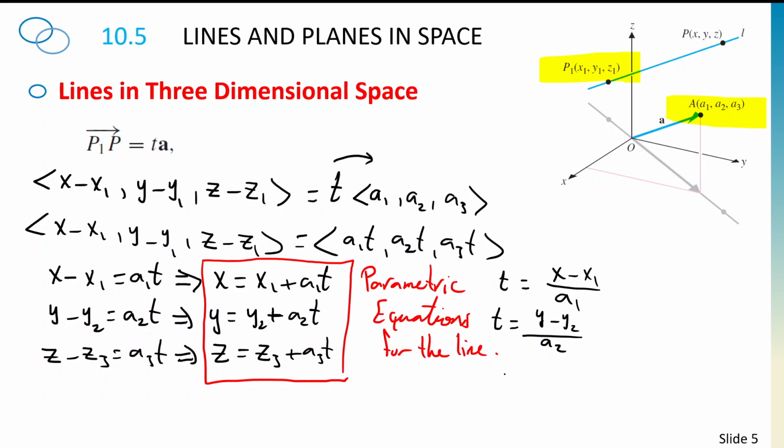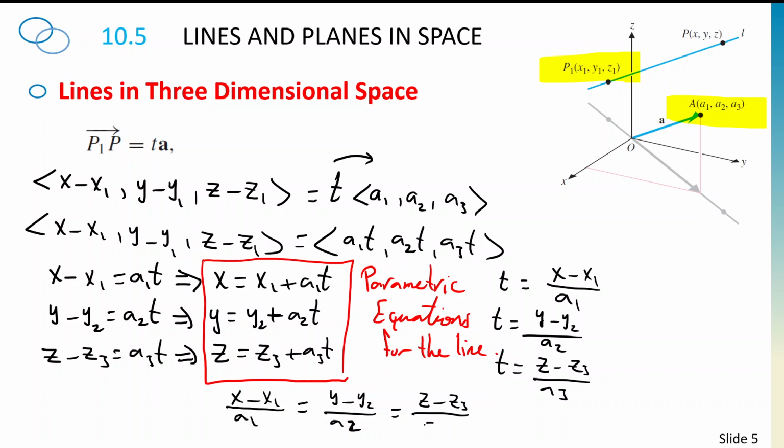And the third equation, it's z minus z1 over a3. Notice all of these t's are equal to each other, which means these three expressions are equal: x minus x1 over a1 equals y minus y1 over a2, which also equals z minus z1 over a3.